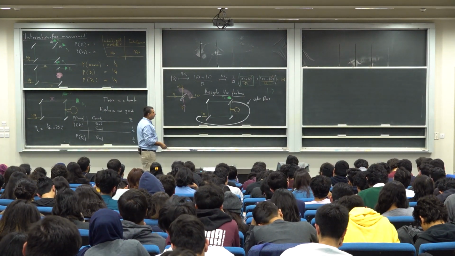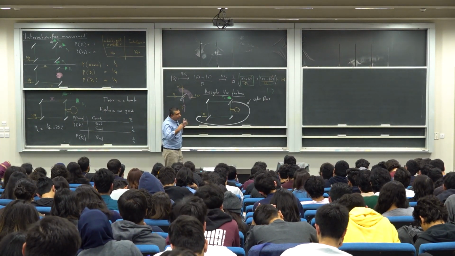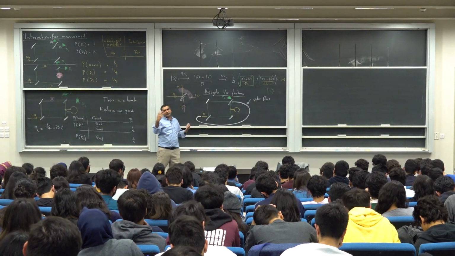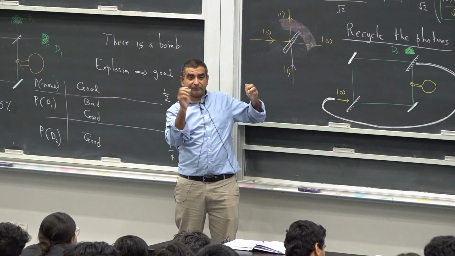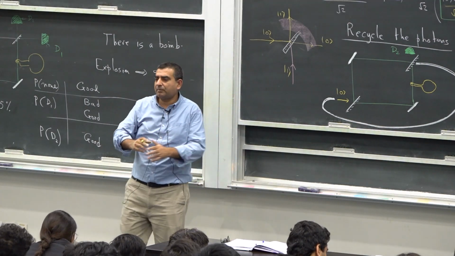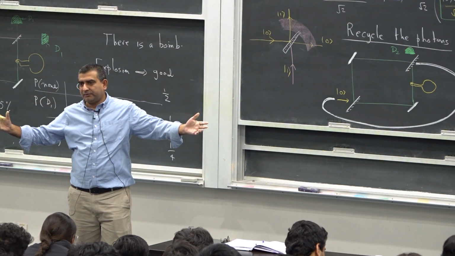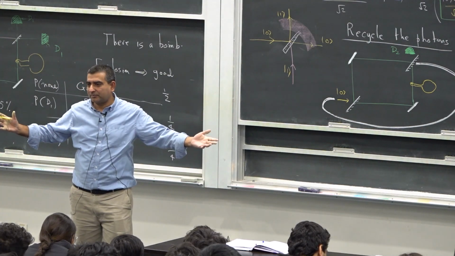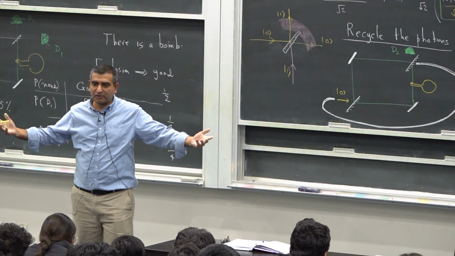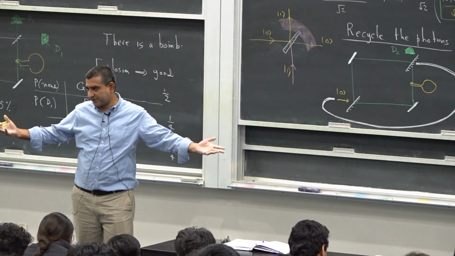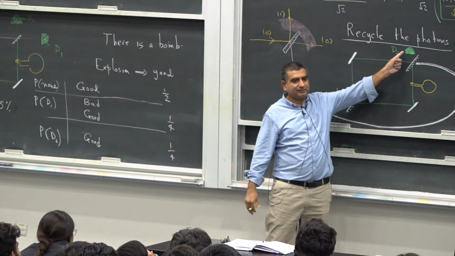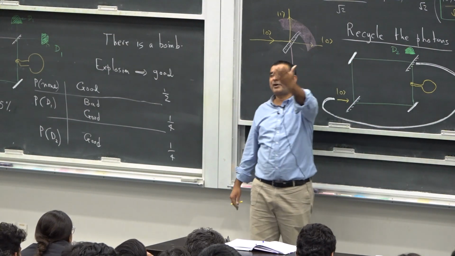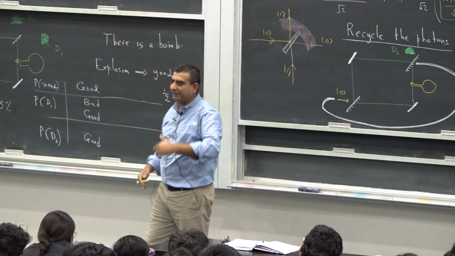Now, what's going to happen in the first run? If the photon has been shone into the system, the bomb can explode with probability 1/2, then it's a good bomb. But that does not give you an interaction-free measurement. It's not interesting. If detector D2 clicks, which happens with 1/4 probability, then it's a good bomb.